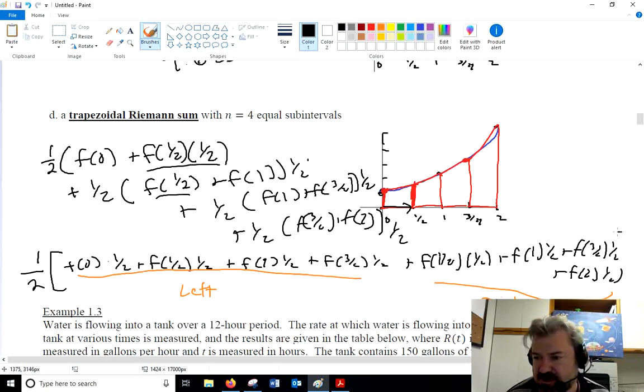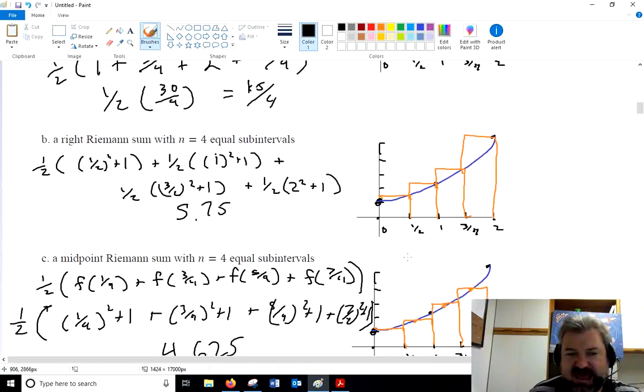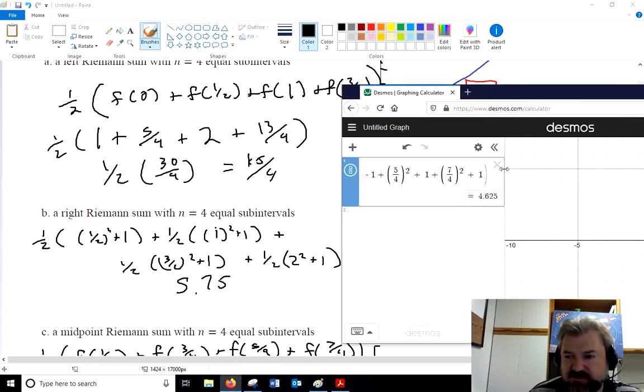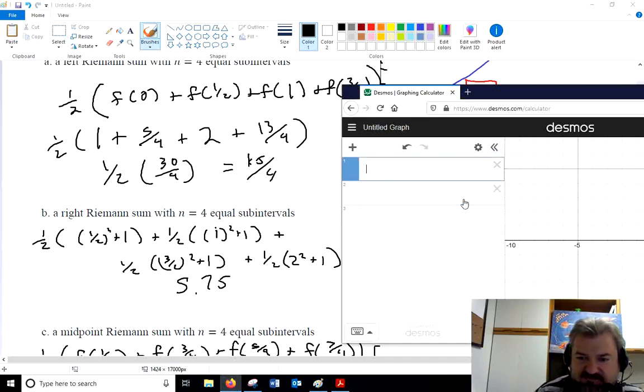And then we had that 1/2, and we could have factored out the 1/2 of this distance, but we had the 1/2 because of the formula for a trapezoid. Remember, it's 1/2 times b1 plus b2 times h. We have that 1/2 times a left Riemann sum and a right Riemann sum. So it turns out this is just an average of the left and right Riemann sum. So it's just averaging, what is that?